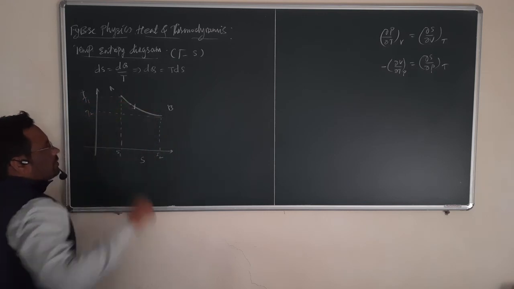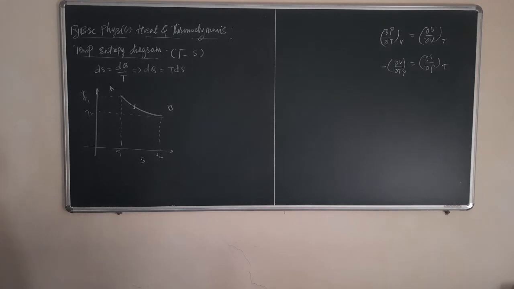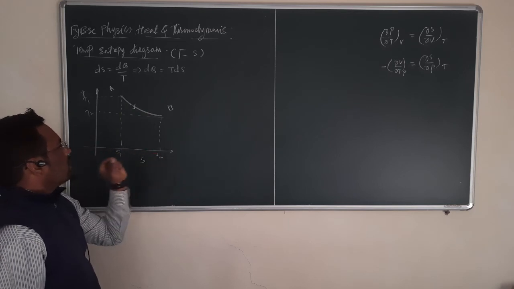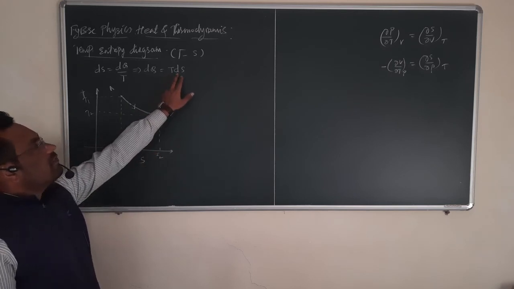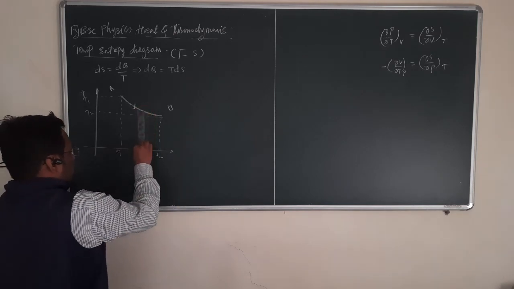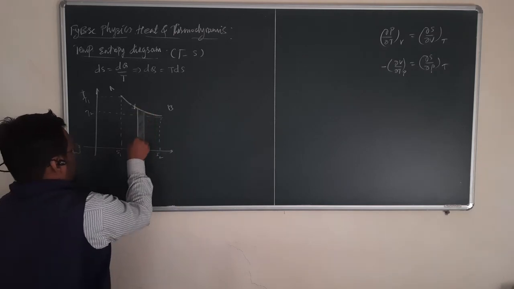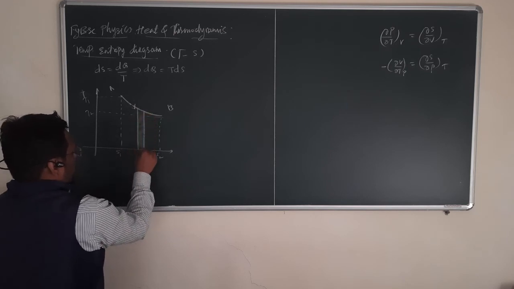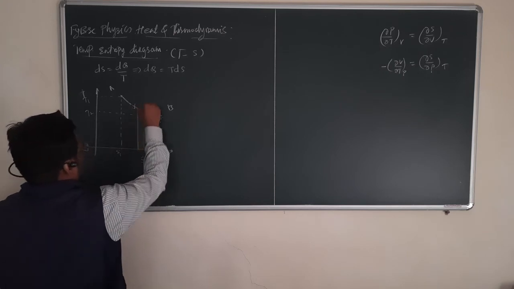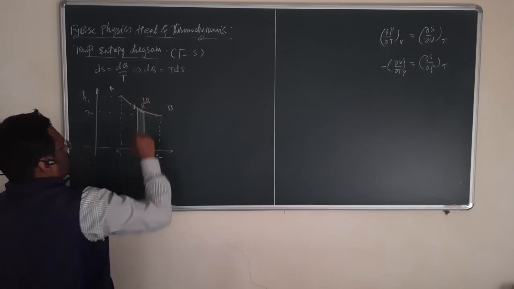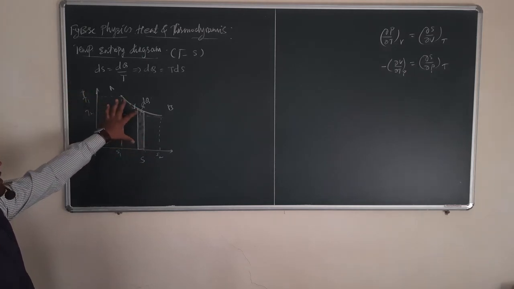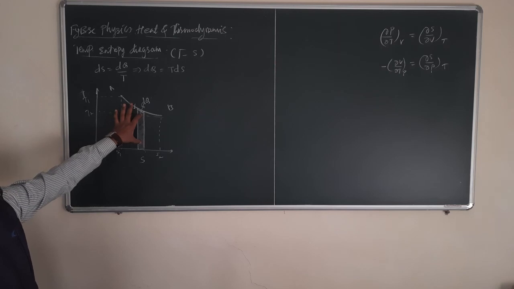So this curve represents that. Now we know that dq is nothing but TdS. At constant temperature, if you take an infinitesimal change in entropy, suppose we show that over here by this strip, if dS is an infinitesimal change in entropy for a very small change in temperature, then this is dq. So this area under the curve of the TS diagram is nothing but the amount of heat energy absorbed by the system.